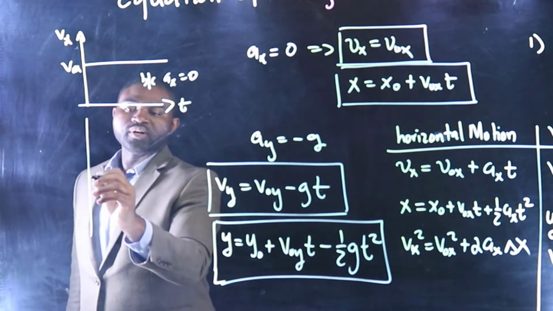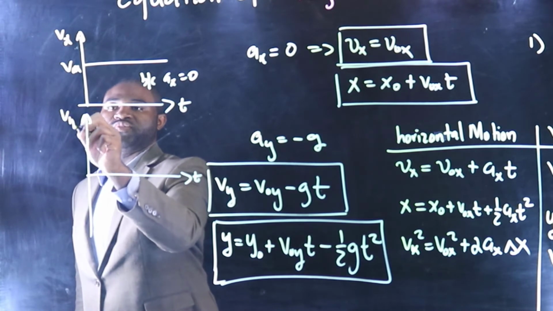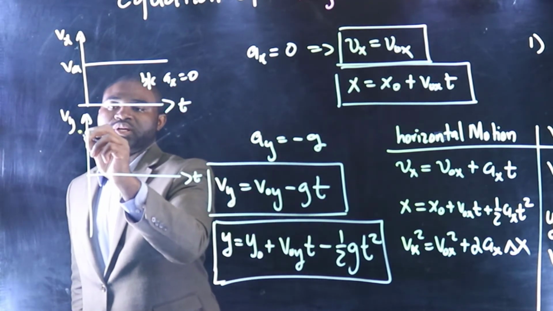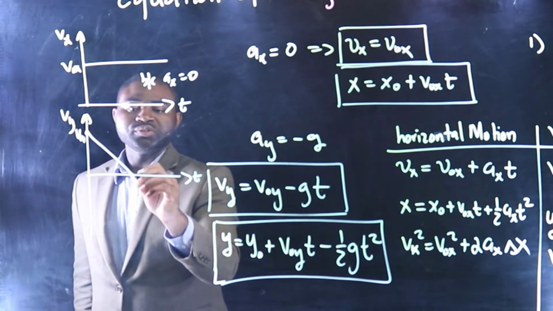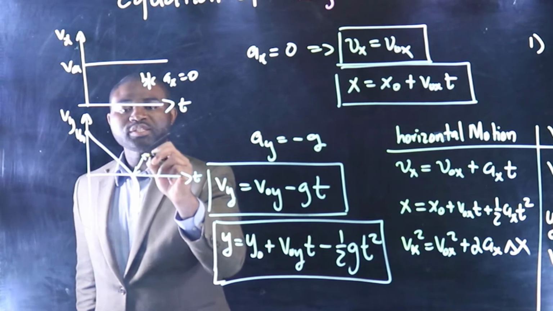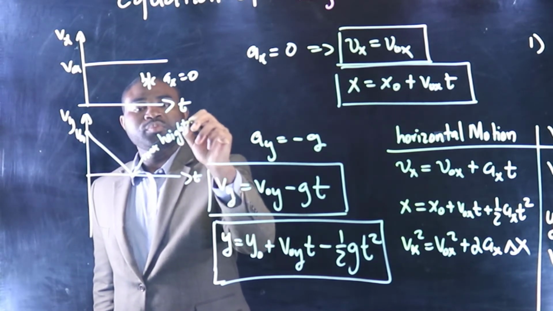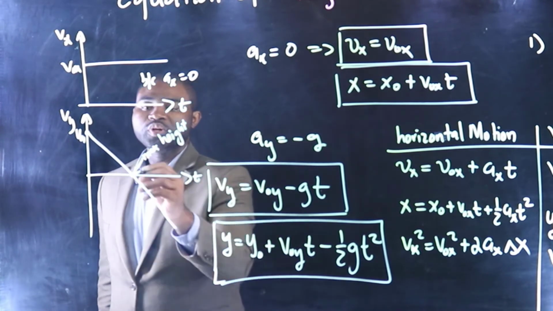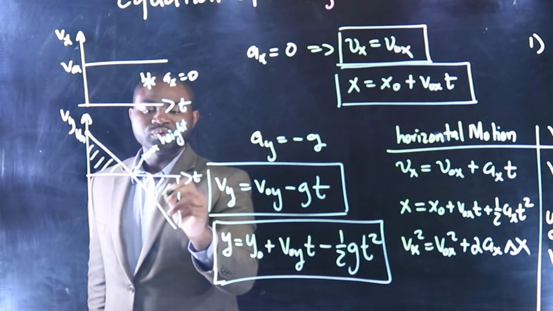But if we draw the graph of t versus vy, it will start somewhere here. This is voy, decreases to 0 at maximum height, and then increases in the negative direction. Keep in mind that this area is equal to this area.